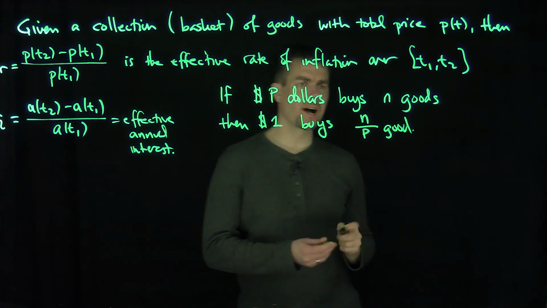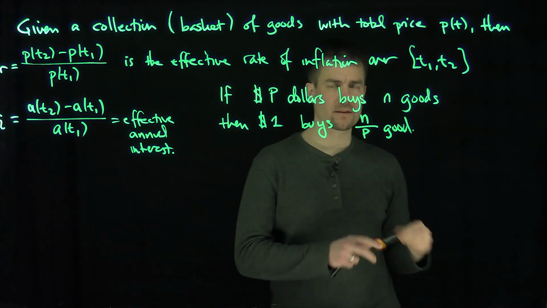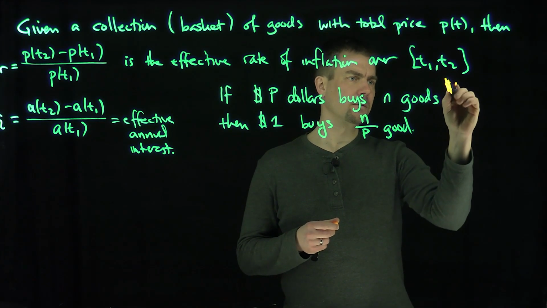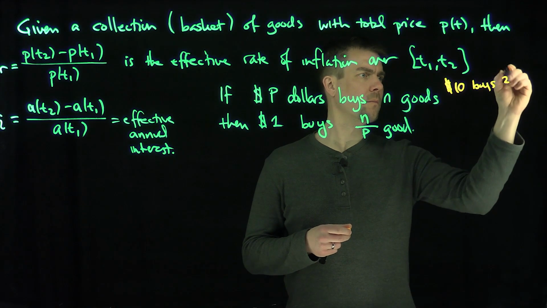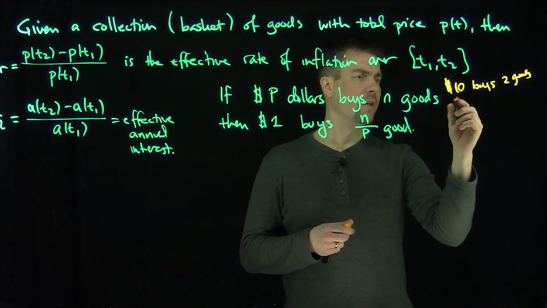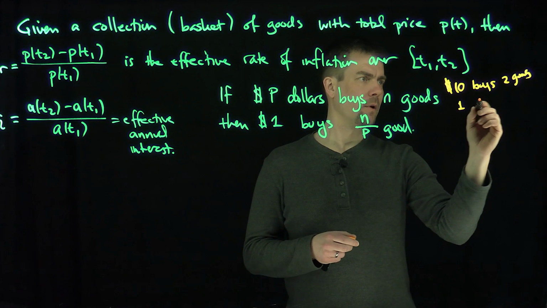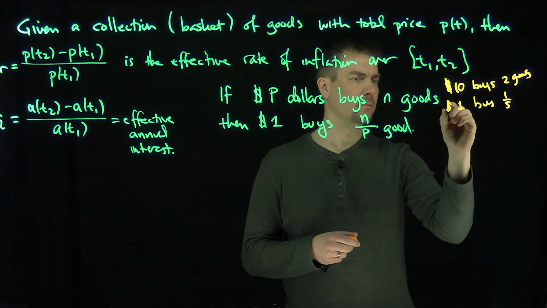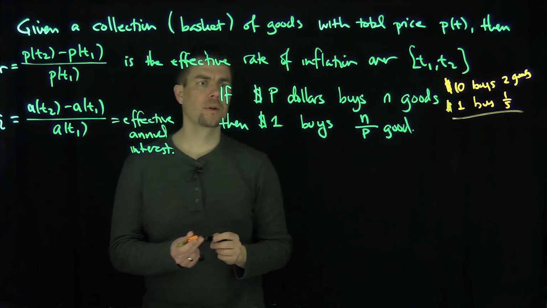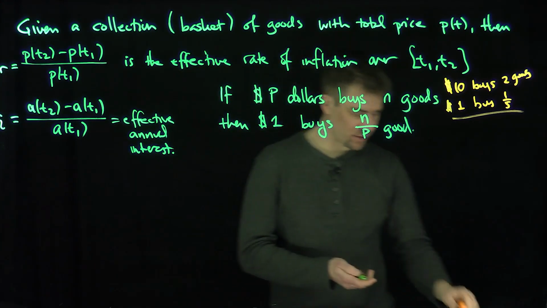So think about this. If $10 buys two goods, then $1 buys a fifth of a good. That's how we want to think about it, okay? Now what happens when inflation strikes?